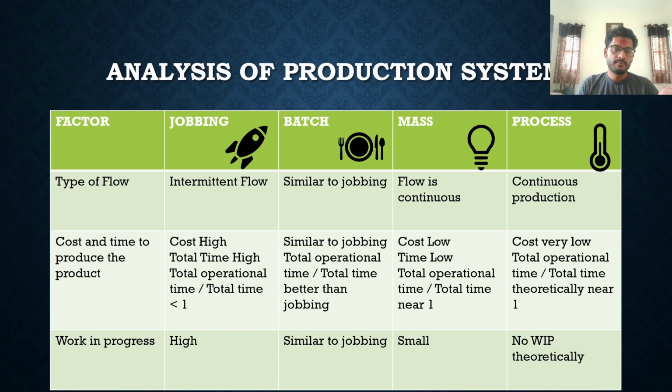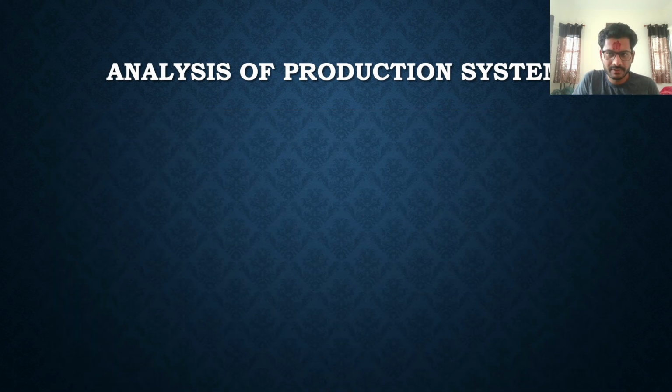For work in process (WIP), it is high in jobbing, similar to jobbing in batch, small WIP for masses, and theoretically no WIP for process because the process industry will have pipes and storage tanks and all those things. So we cannot calculate WIP in that, so it's theoretically no WIP.